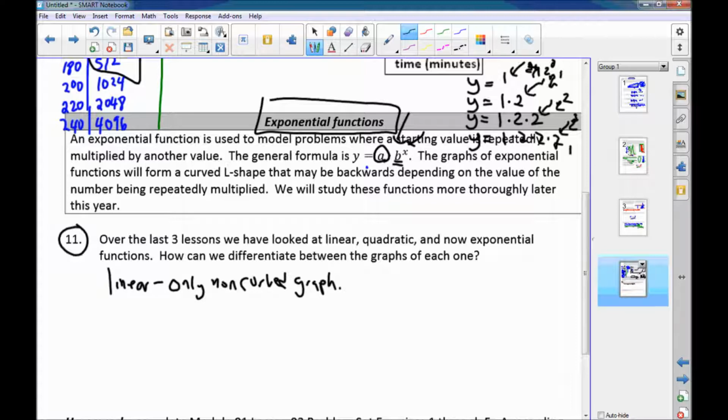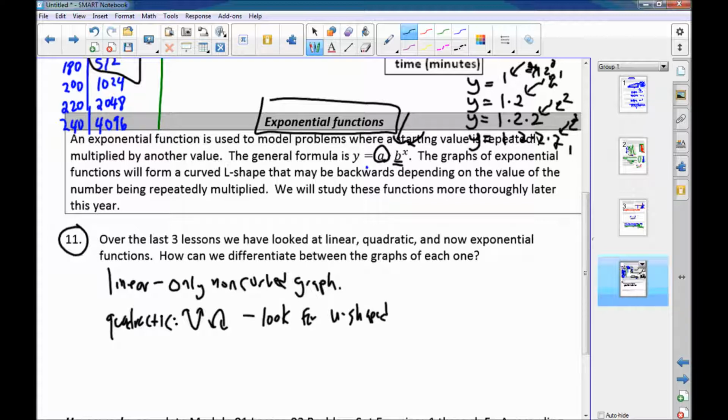Exponential functions and quadratic functions both curve. Quadratic functions, remember, looked like a smiley face opening up or a frowny face. So look for a U-shaped curve that either opened upward or downward.